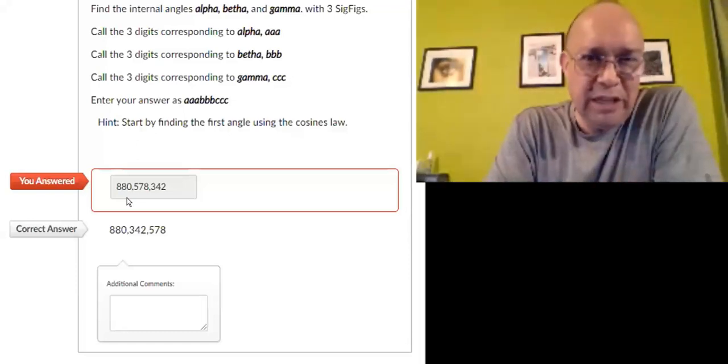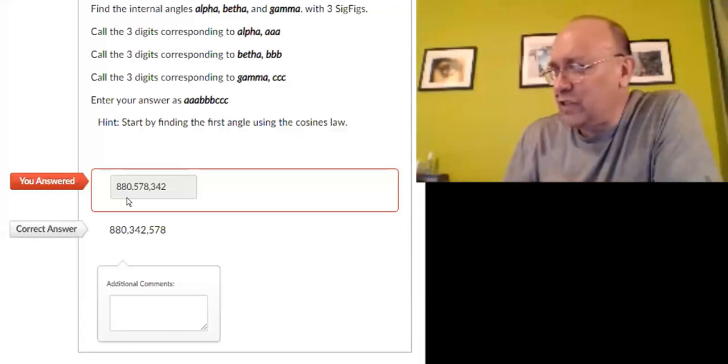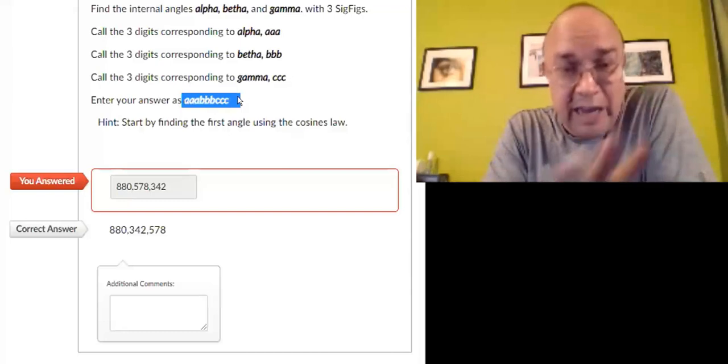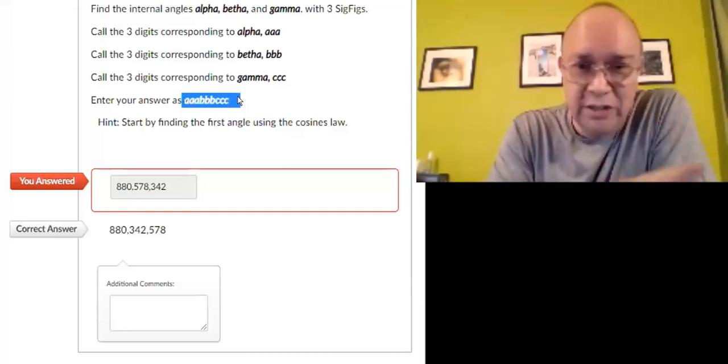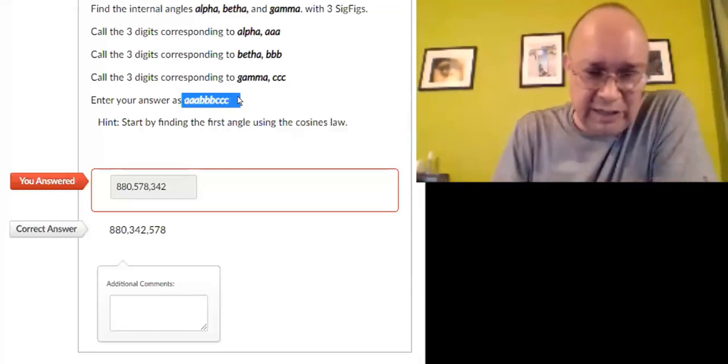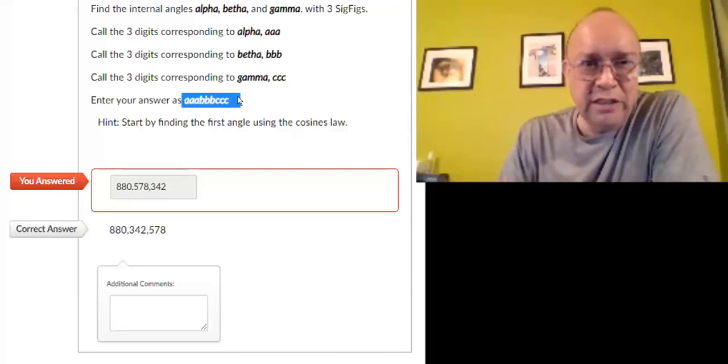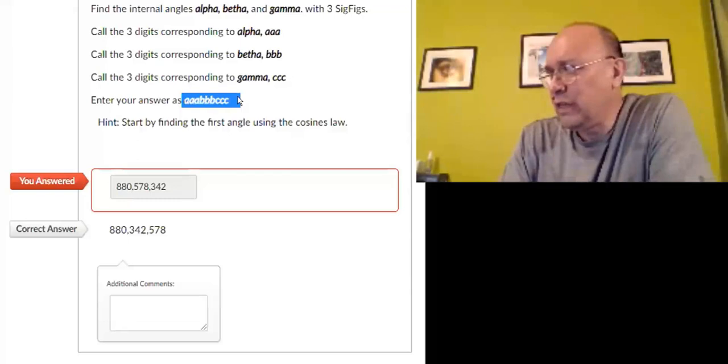Then you need the decimal point. But when I ask you for this kind of stuff, don't put any commas, any signs, no units, no commas, no periods, nothing, just the digits. Otherwise, the computer doesn't understand and gives you a bad answer.